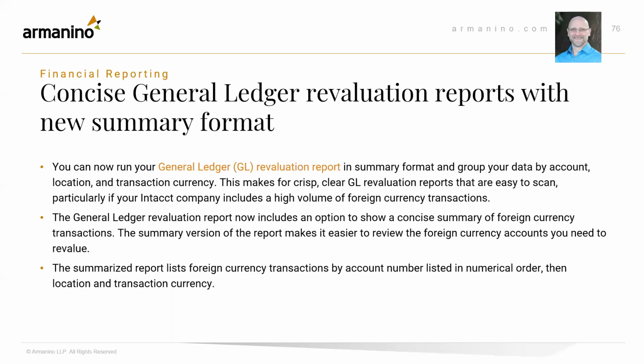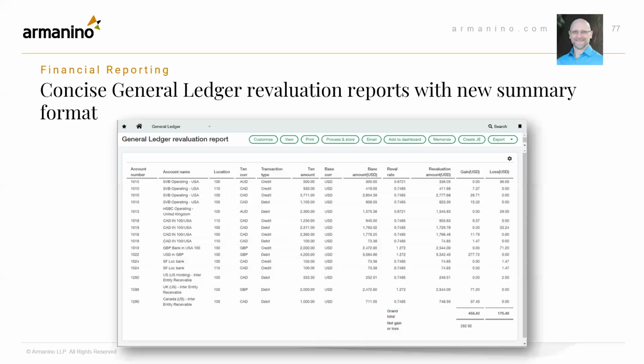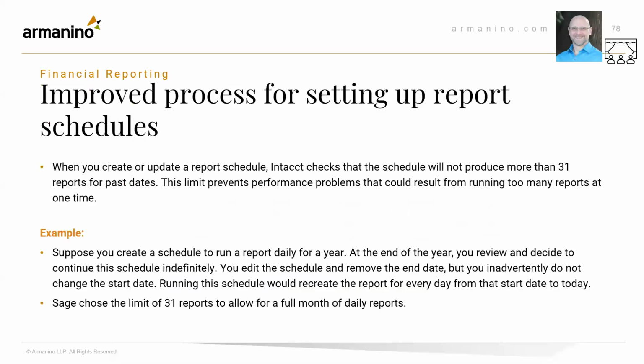It now includes the option to show a concise summary of foreign currency transactions. Basically the gist here is it's summarizing all of that data for you. Here's an example of what that looks like, so you can see it's very easy to see at a quick glance if you have a revaluation issue or not.